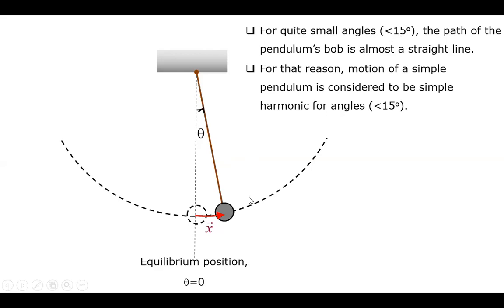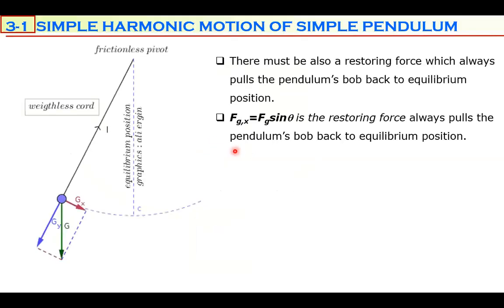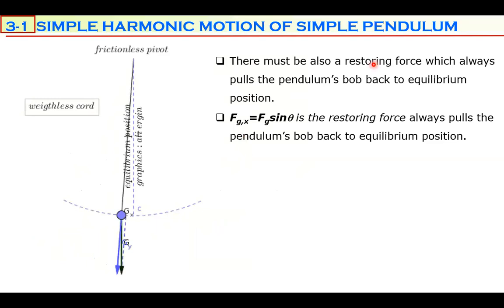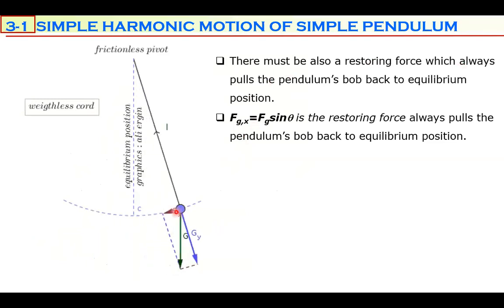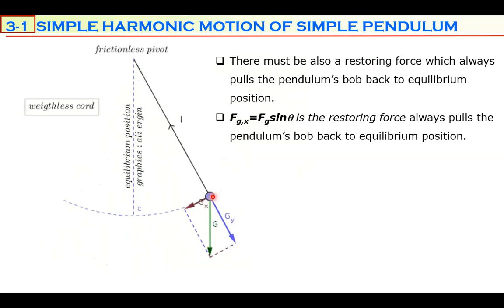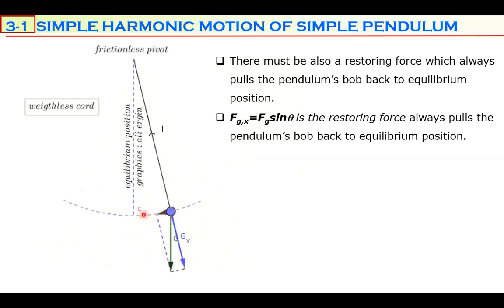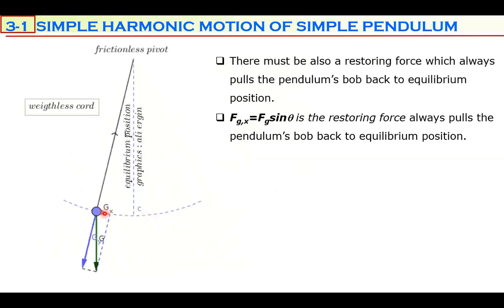15 is not included. And there must be a restoring force, of course, for the simple pendulum to make simple harmonic motion. This restoring force is always a component of G. This pulls the object back to the equilibrium position. Look here. Then it changes direction again back to the equilibrium position.